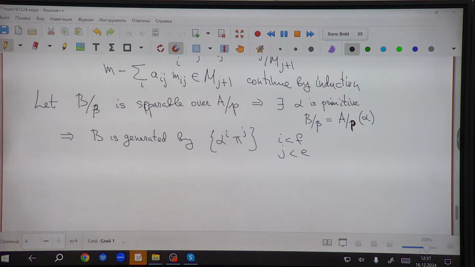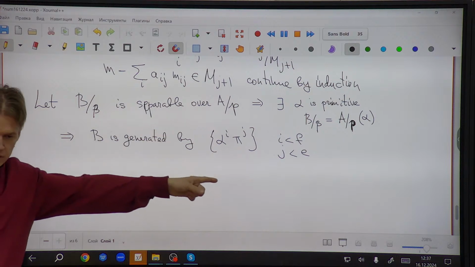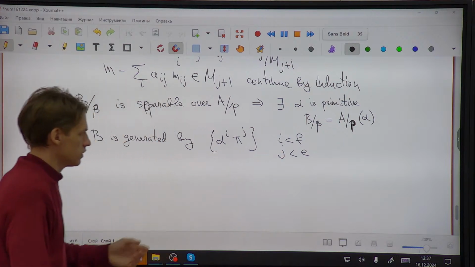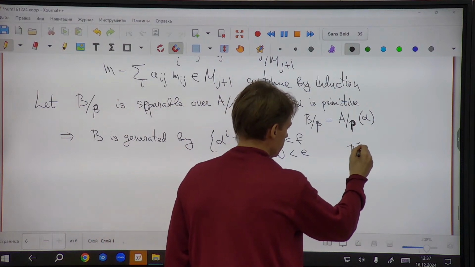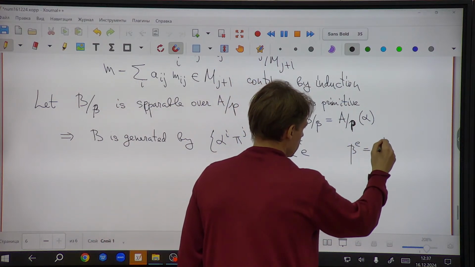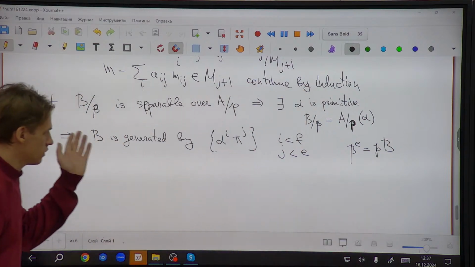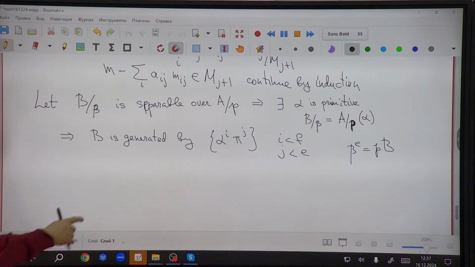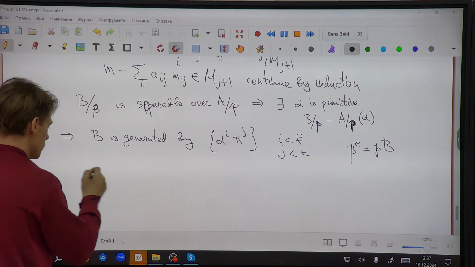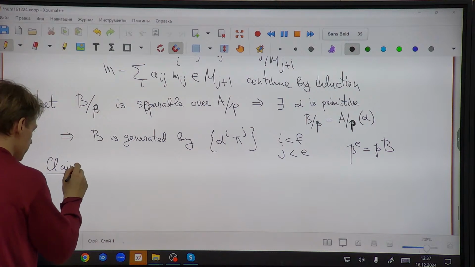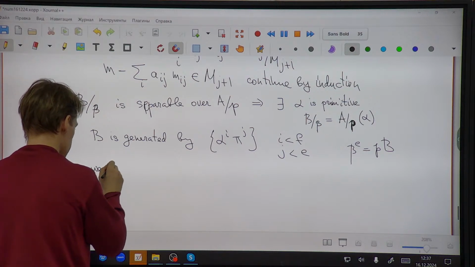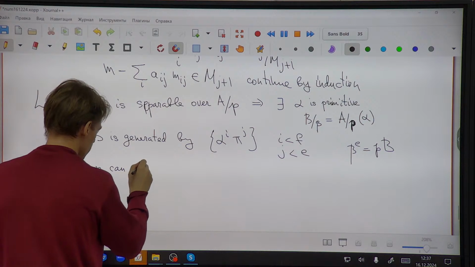Here f is the degree of this extension, and e is the power of beta, e equal to the valuation of p. And this is just the first reduction. It is sufficient to use two elements, but I claim that it is sufficient to use only one element.